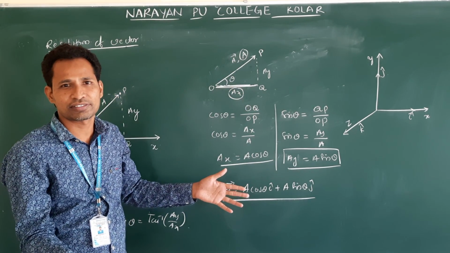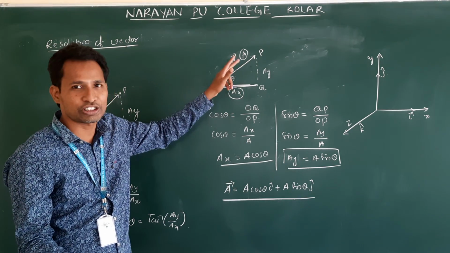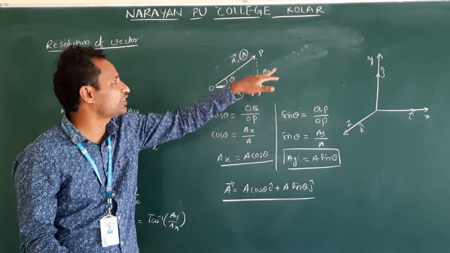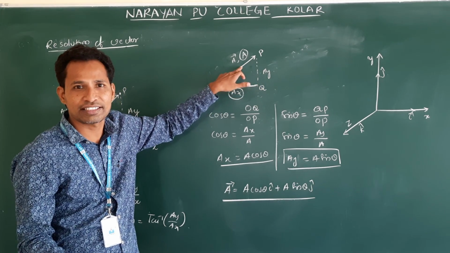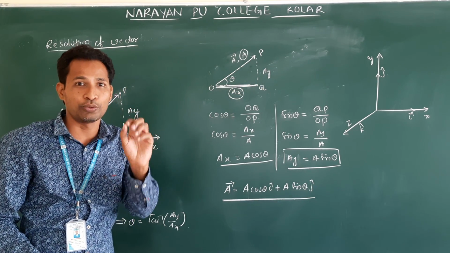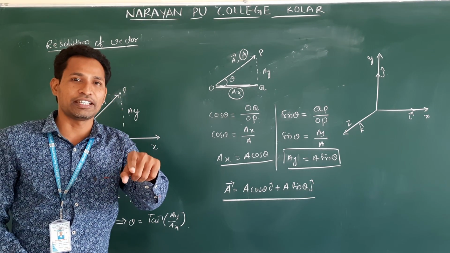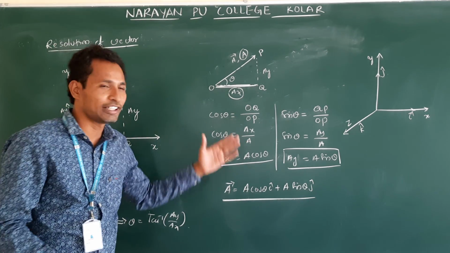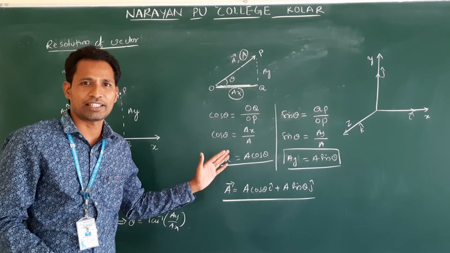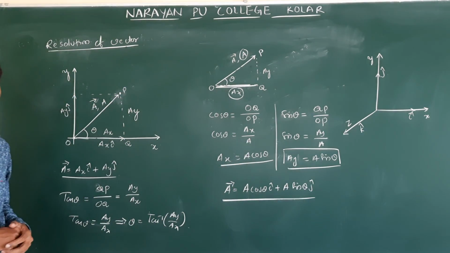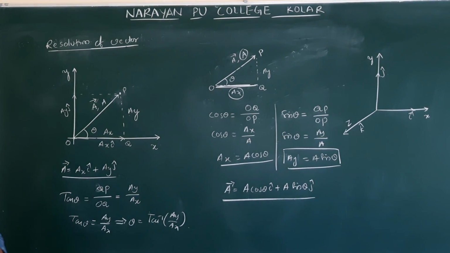Trigonometry helps us because one ratio has hypotenuse and adjacent side, another ratio has opposite side and adjacent side. If you have this question, then if you have enough knowledge in mathematics, automatically you will get the answer. Am I correct? Clear? So be perfect in mathematics, especially trigonometry.